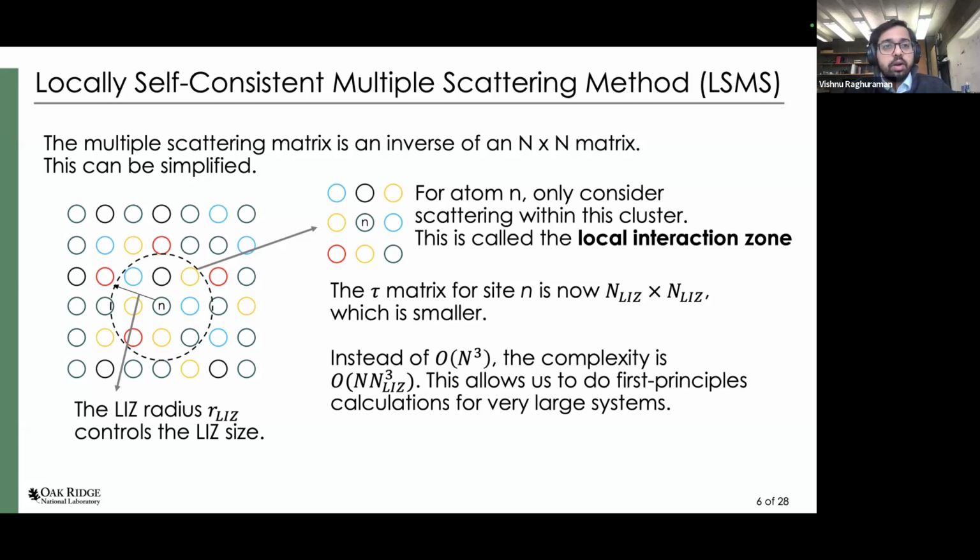For regular DFT calculations, you can get away with a modest LIZ size, so there's a fast convergence of the total energy with respect to the LIZ size. But for conductivity, we're not able to see that convergence. So we still use as large LIZs as is practically possible for us, but beyond that, we have to do some sort of extrapolation.